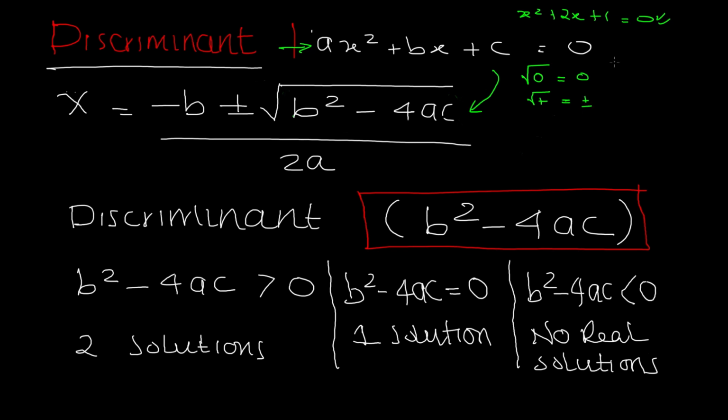If I get minus 2 squared, I'll get 4. If I get positive 2 squared, I'll also get 4. So the square root of this number gives me minus 2, and it also gives me positive 2. That's why we say that the square root of a positive number will be plus or minus that number.